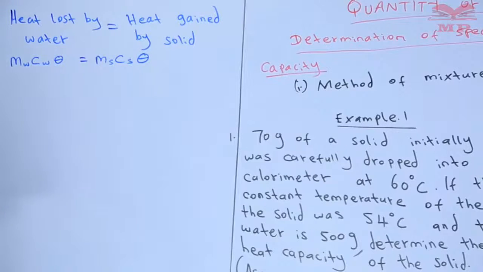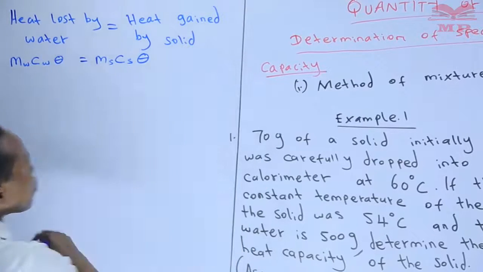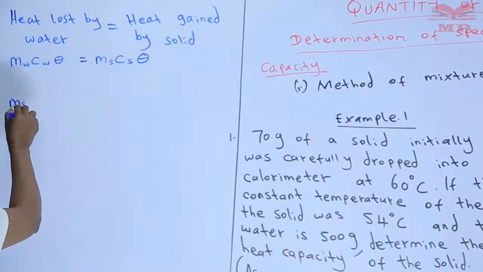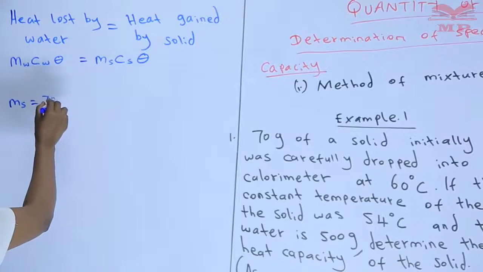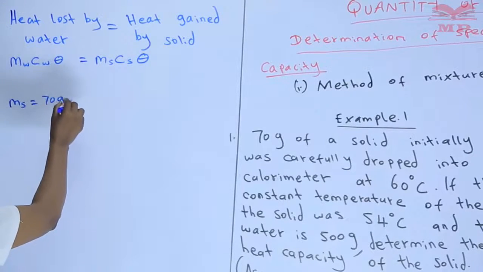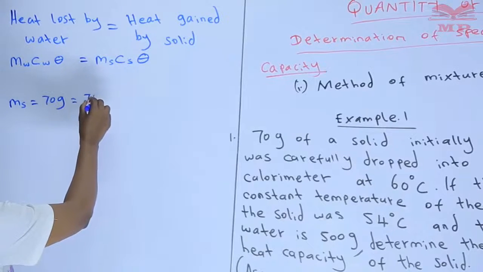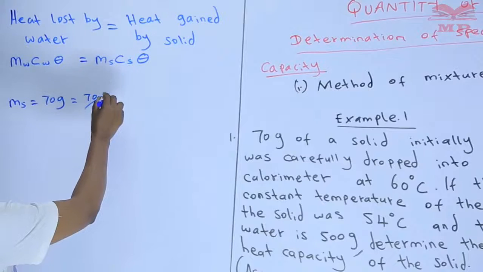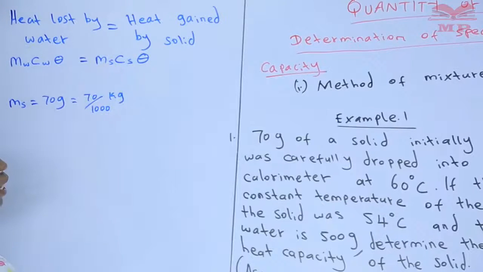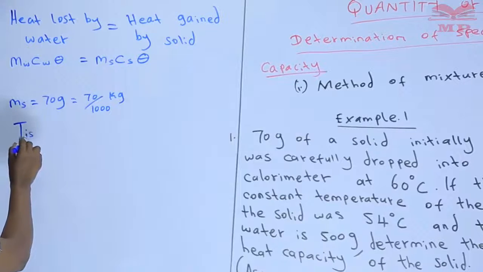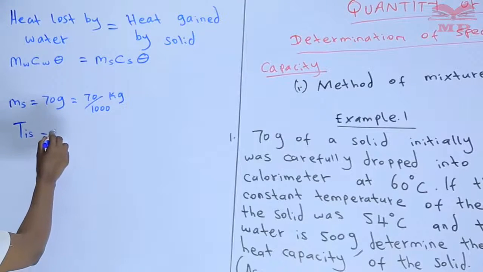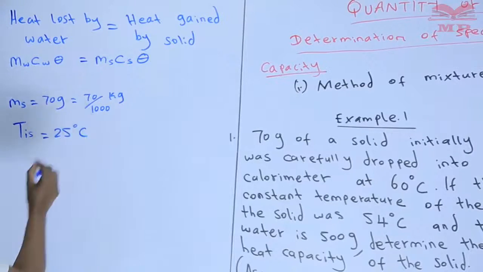In our question, we are told that the mass of the solid is 70 grams. We can change it into the SI unit, kilograms, so we'll have 70 over 1,000 kilograms. The solid has an initial temperature of 25 degrees Celsius.